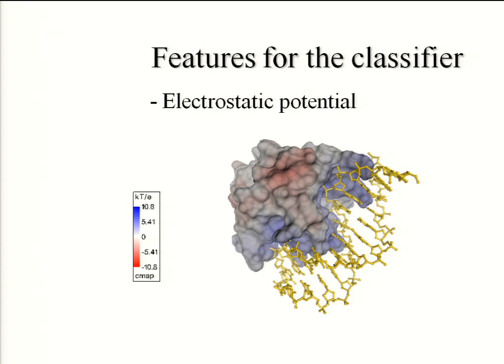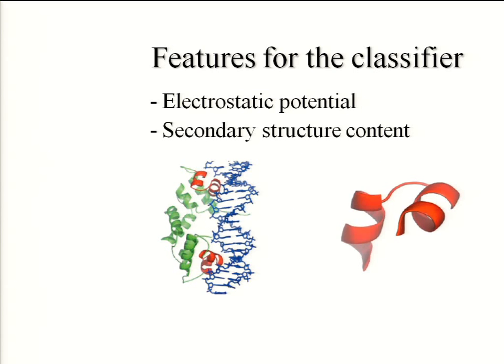So which features did Guy add to the classification? First of all was the maximum likelihood patch, and then also the electrostatic potential, and the secondary structure content, because certain specific motifs, for example, are based on alpha helical structure.